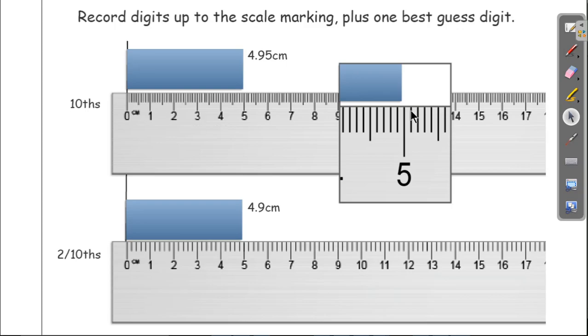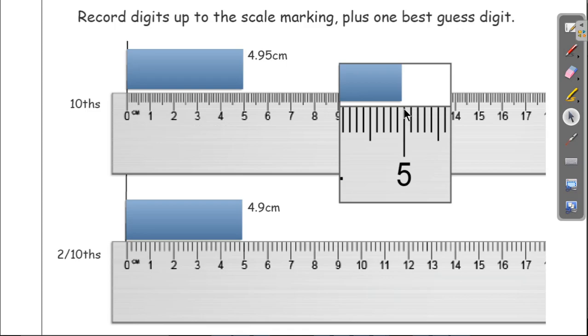Now, let's take a closer look. If you look at this ribbon right here, you know for sure that it's 4 centimeters, and then you keep on going and you start counting the little millimeters right here, and you reach the 9, okay? You can count up to 9, no problem. And then you see that the blue actually ends between the 9 and the next centimeter, 5.